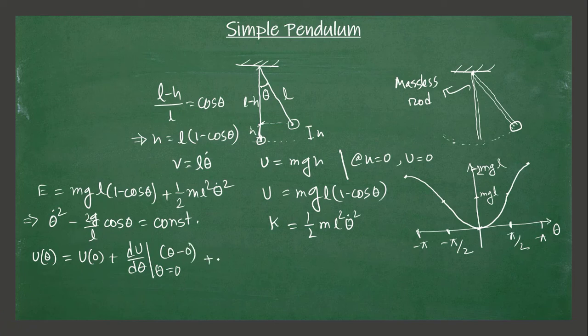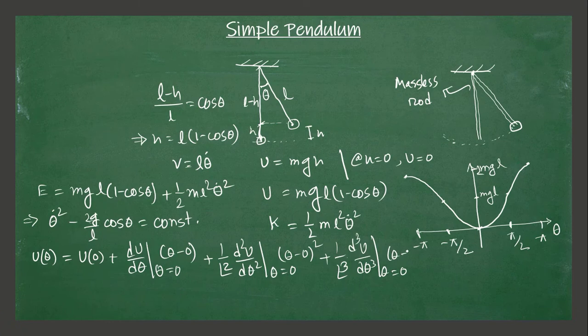The next term would be 1 over factorial 2, d squared U d theta squared evaluated at theta equals 0, times theta minus 0 squared. Similarly, the next term is 1 over 3 factorial, d cubed U d theta cubed evaluated at theta equals 0, times theta minus 0 cubed, and it will go on. Now let's find out all these constants.